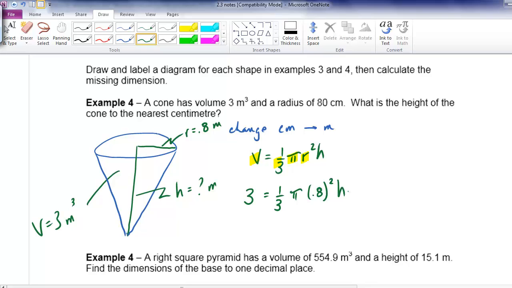Probably the simplest way to solve this, I mean, you could do it algebraically. You could multiply both sides by 3 to get rid of the 1/3. You could divide both sides by pi and get rid of the pi, and then you could divide both sides by 0.8 all squared and get rid of that.